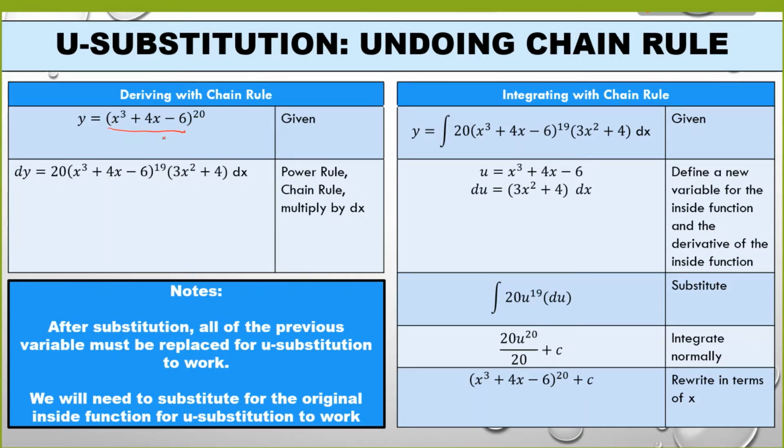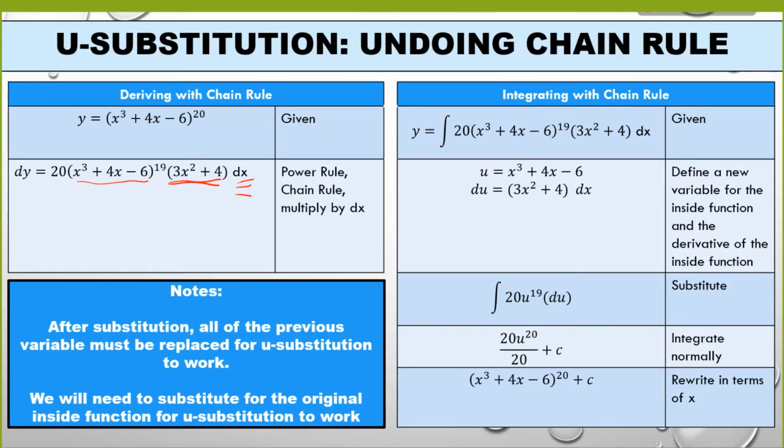So I can multiply by the power, decrease the power by 1, and then multiply by the derivative of the inside function with chain rule. So this would become this whole function times 20 raised to the 19th power times the derivative of the inside part, which is 3x squared plus 4. And then I've actually got a second chain rule here, times the derivative of the inside part, which is dx.